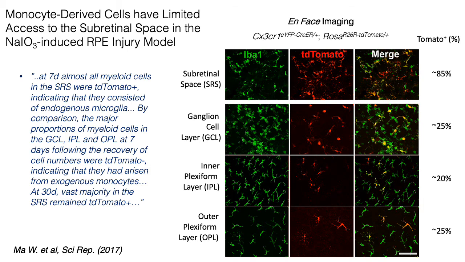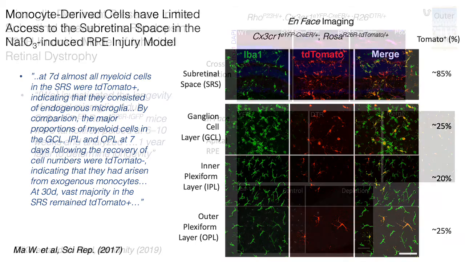Again, showing the tdTomato lineage traced microglia are the dominant macrophage cell type in the subretinal space, whereas in the parenchymal layers, specifically the ganglion cell, inner plexiform, and OPL, are by and large tomato negative, CX3CR1 YFP positive, indicating a dominance of monocyte-derived macrophages.